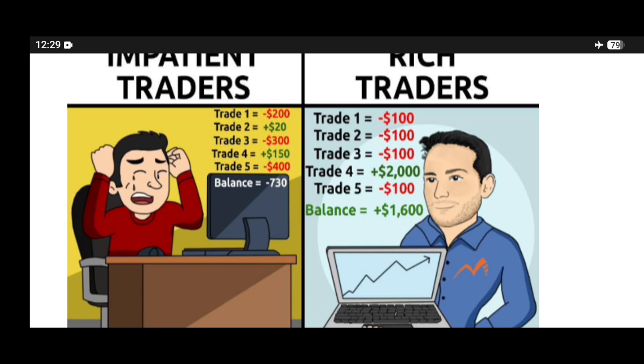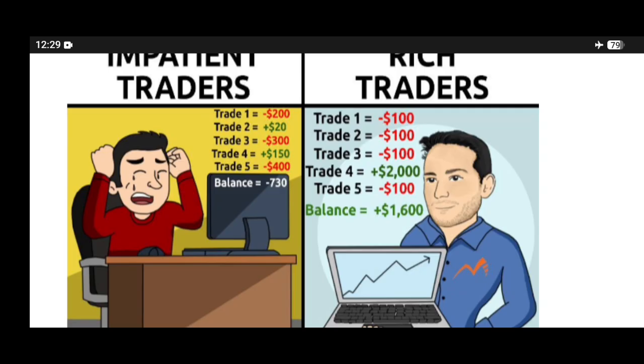Have you seen the difference between the impatient trader and the rich trader? What you can depict from this picture is proper risk management. The rich trader has a plan for his trade. He is risking $100 on each trade. But the other one is just risking any amount of money that comes to his mind.